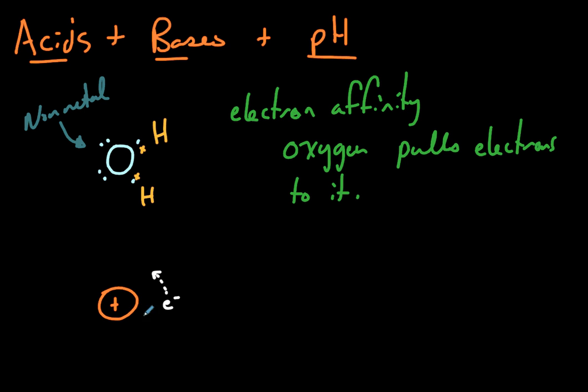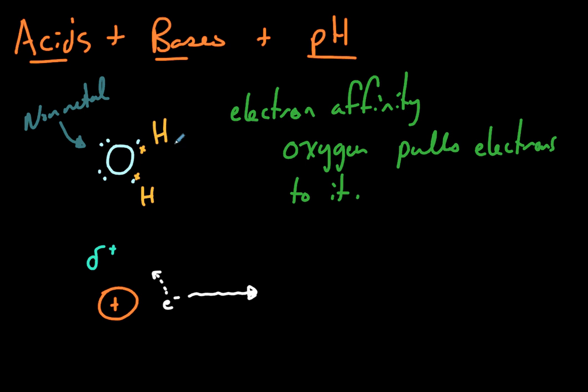Kind of existing around that inner shell, I guess. And so what that means is, if this electron gets pulled away from here and spends its time much closer to another atom, such as oxygen, that means that there is a partial positive charge floating around this, right?